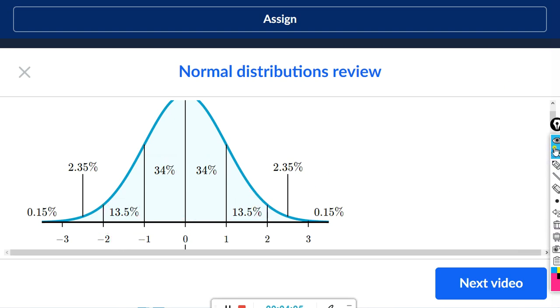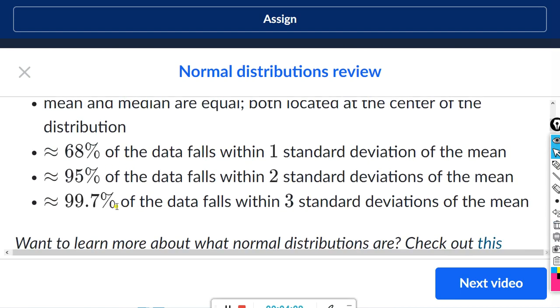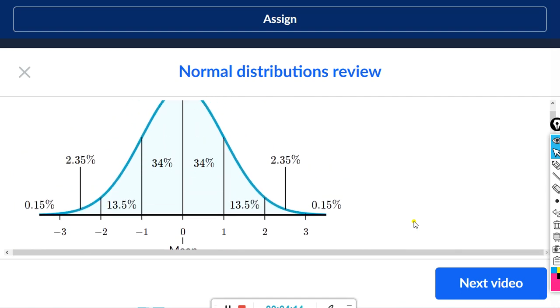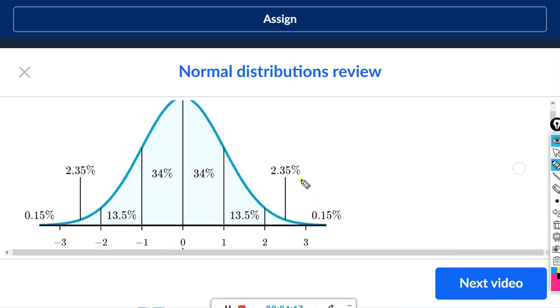And finally, 99.7% of the data falls within 3 standard deviations. Again, we start at the mean. We go 1, 2, 3 standard deviations to the right, 1, 2, 3 standard deviations to the left. So we are right here and right here. We almost have 100%, the whole thing, except for this piece right here, which is 0.15%, and this piece right here, which is 0.15%.